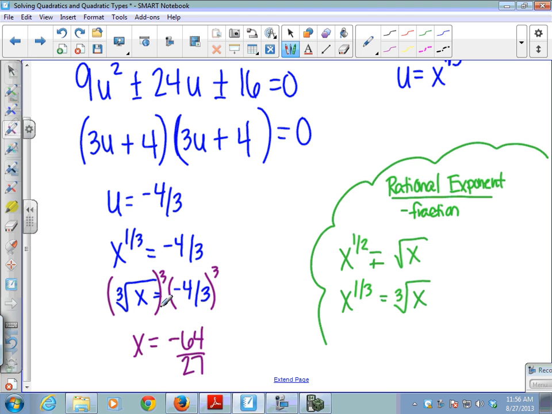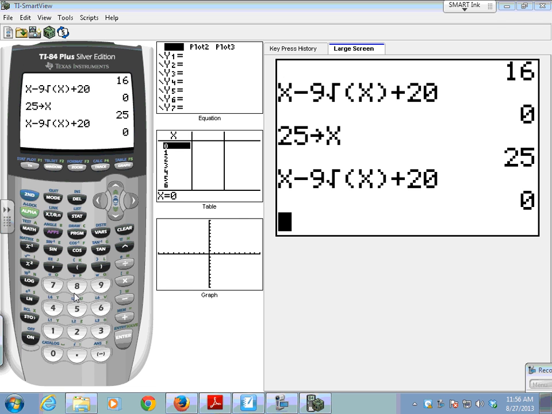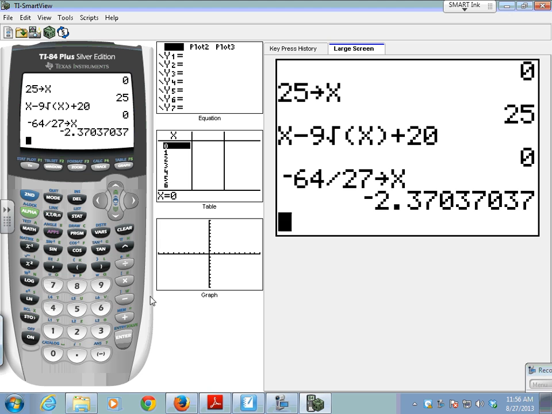Now remember, we have to check our solution, so I'm going to plug in -64 over 27 and store that for x. And then I'm going to type in my original equation. So my original equation is going to be 9, and then the x is raised to the, and I'm going to type this in parentheses, 2/3.